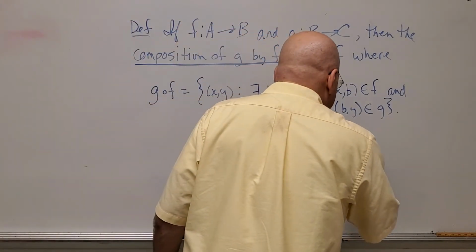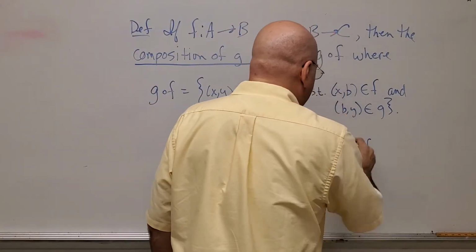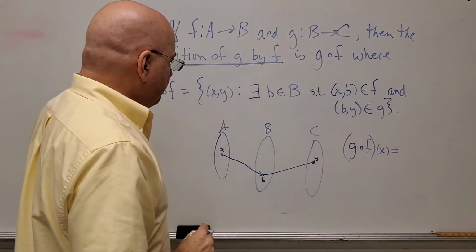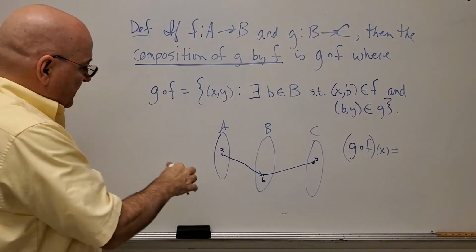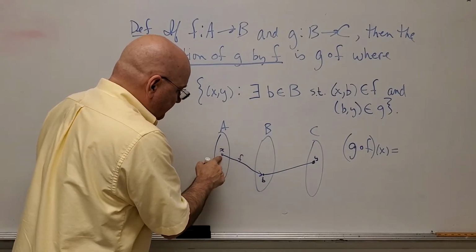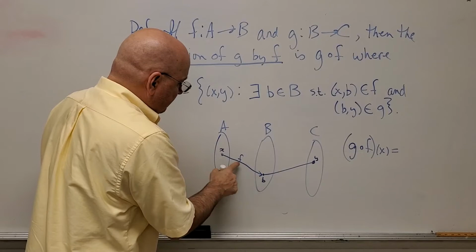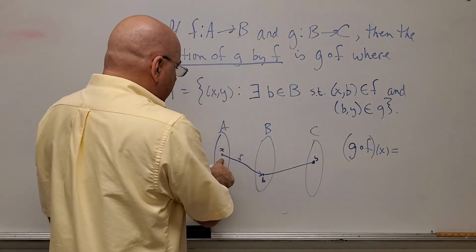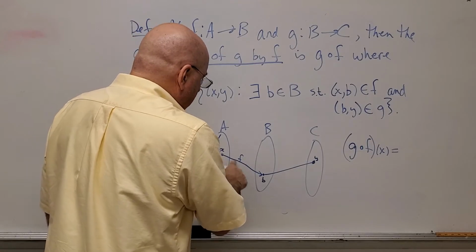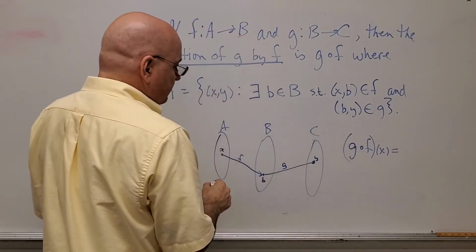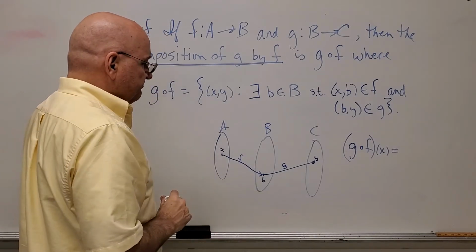So g composed with f is a function that you could say, well, what's the first thing you do? You take x, an element here, and you have to take f of it to get to b. That gives you the ordered pair (x, b). So then after you do f of x, then you take g of f of x.